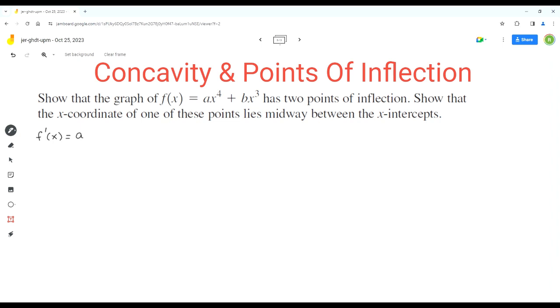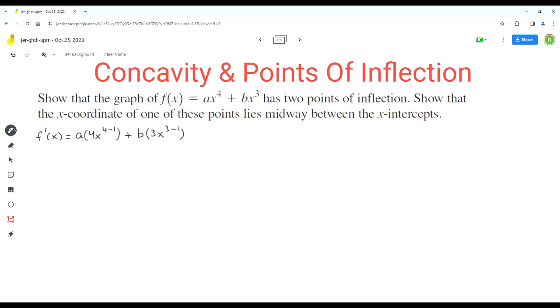So as per the power rule, we'll move the 4 to the front and we'll subtract 1 from 4. And then plus, in the second term, b is the coefficient, so it will stay as it is. And we can use the power rule for x cubed, so we can move the exponent 3 to the front and subtract 1 from 3.